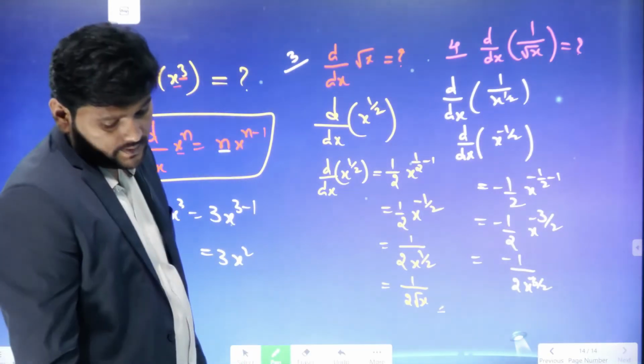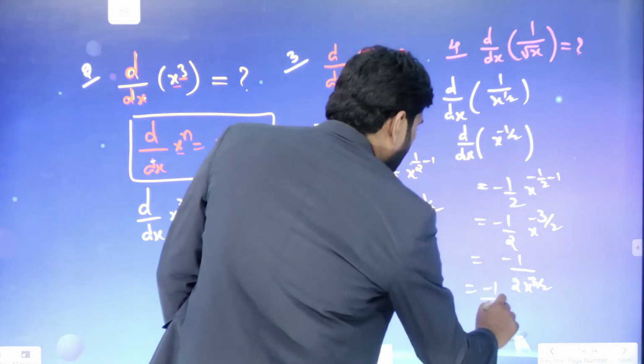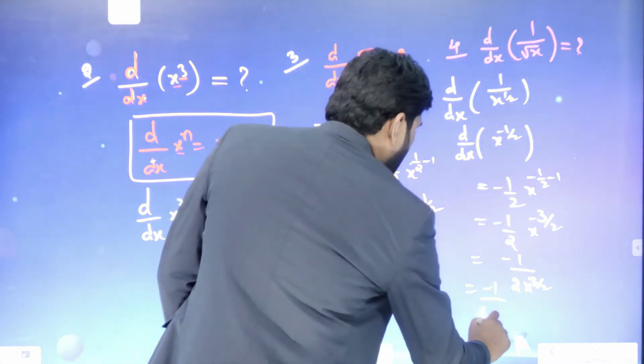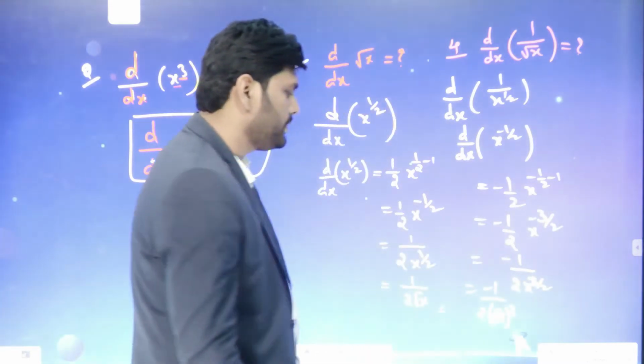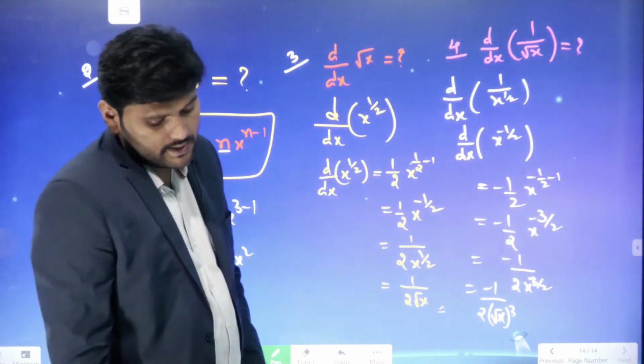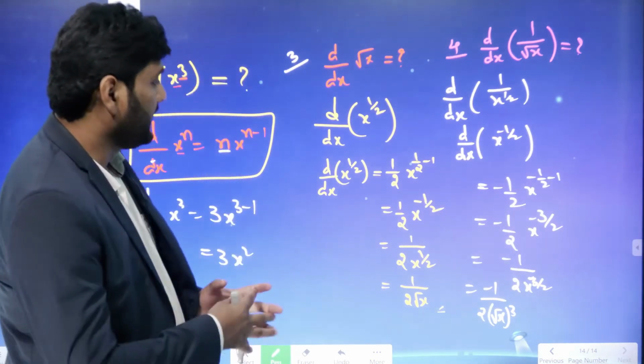Do you have this one? This you can write even as minus 1 by 2 root x power 3. So the answer is, I think, the third option, again the third option.